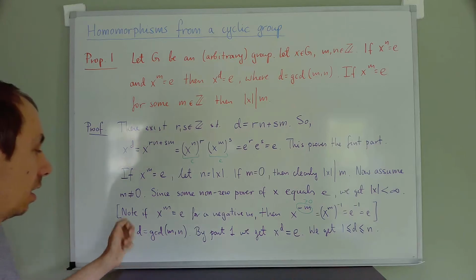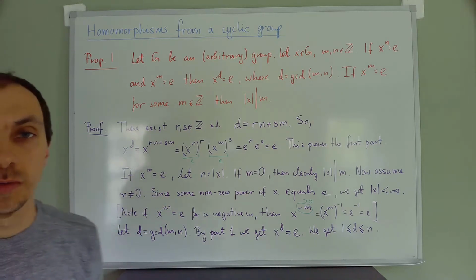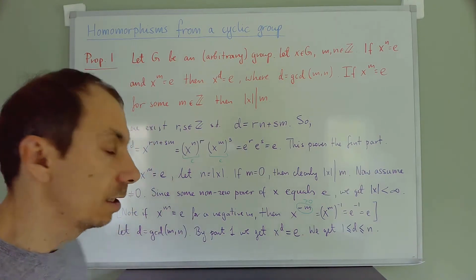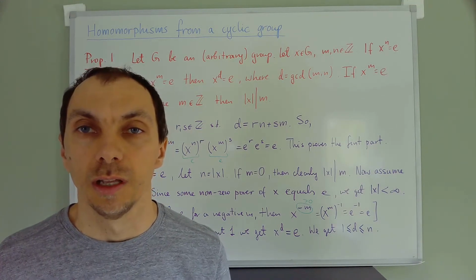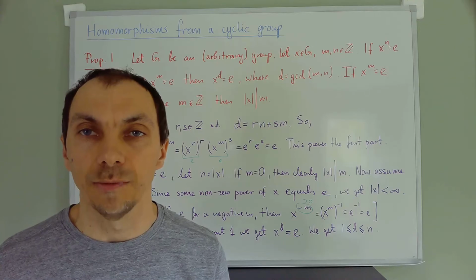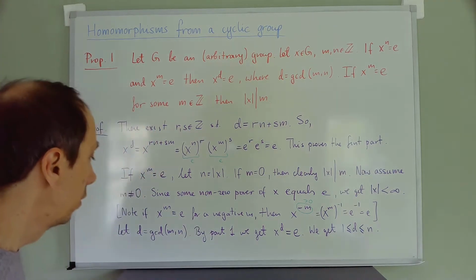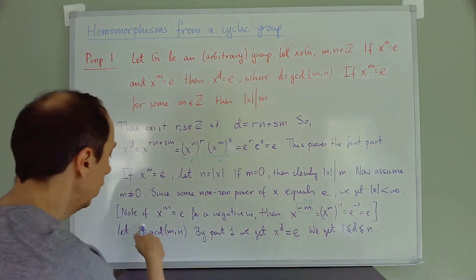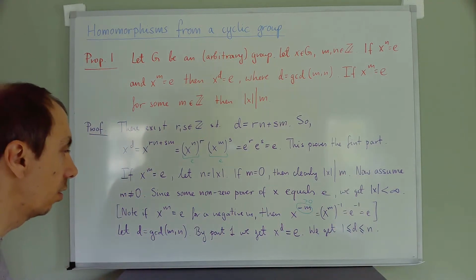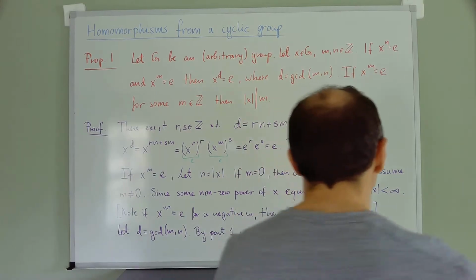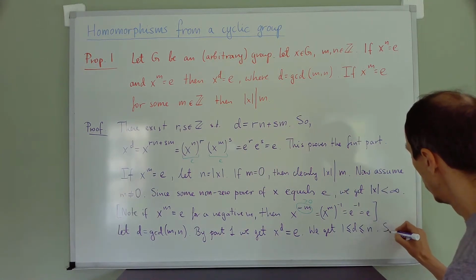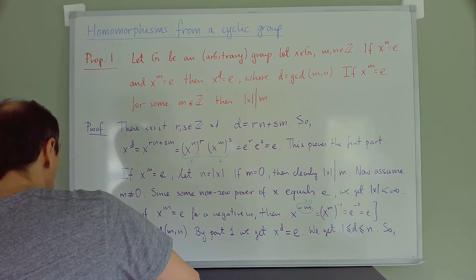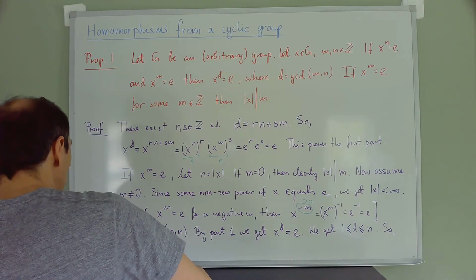Right, the GCD of two non-zero numbers, even if one of them is negative, is always less than or equal to the absolute value of either of these numbers. So n is positive, so that means d is less than or equal to n, and of course it's greater than or equal to 1. But then d must be equal to n by the minimality of n.